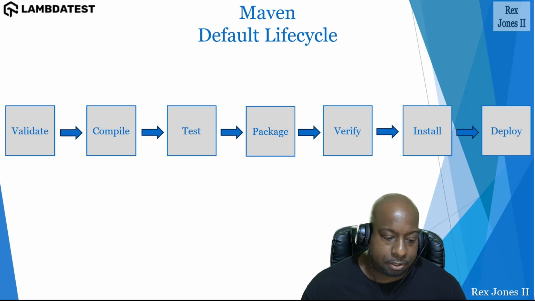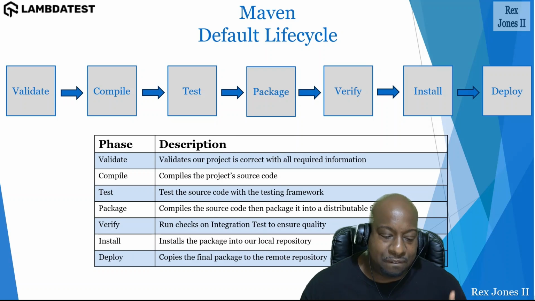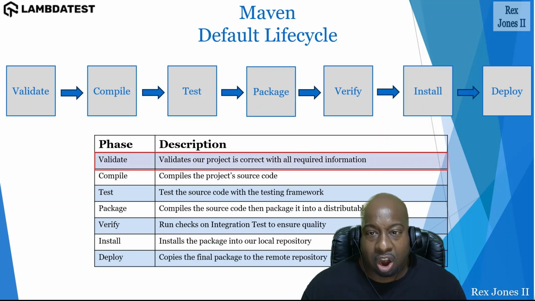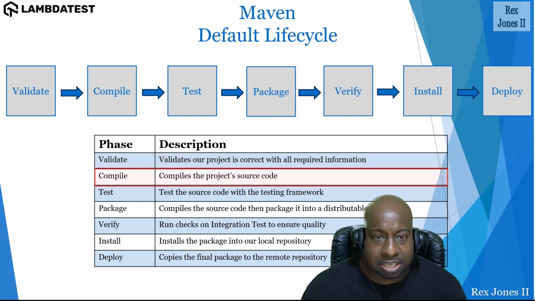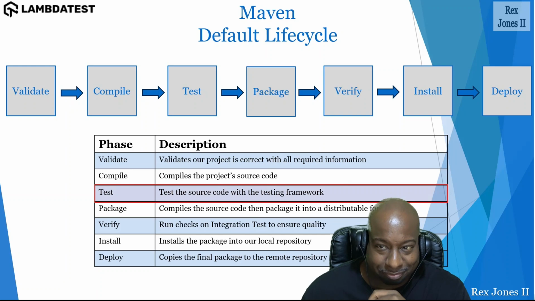The first phase is validate. It validates our project is correct and all of the required information is available. Compile is the process of putting together the project source code. The next phase is test.